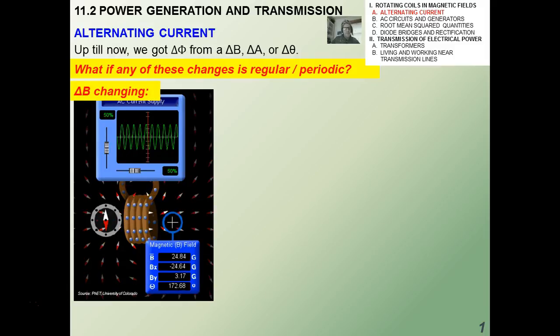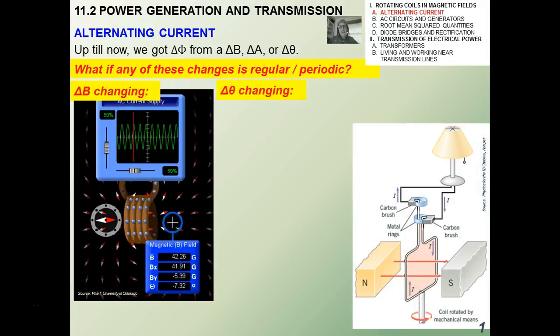For example, in this case, I have a B field that's changing periodically. I have an AC current supply, and it's providing a current through those loops that's going back and forth, which creates an alternating magnetic field.